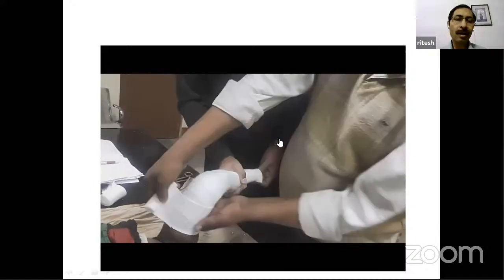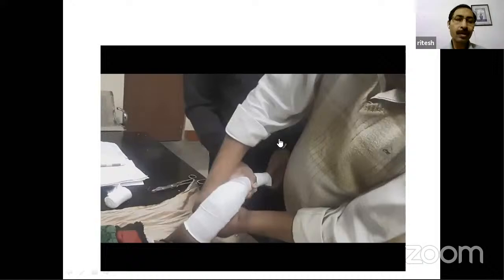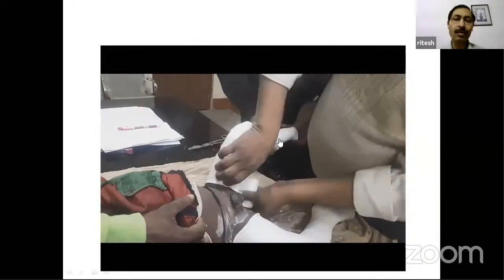The cast should go up to the groin, deep inside. Therefore, we have removed the nappy pad, and we make sure that this cast padding goes up to the groin. Otherwise, the plaster will be short.